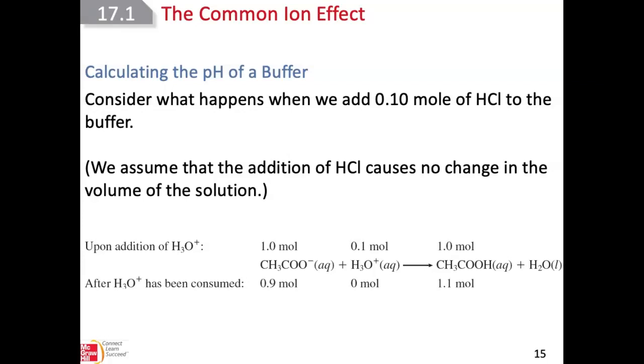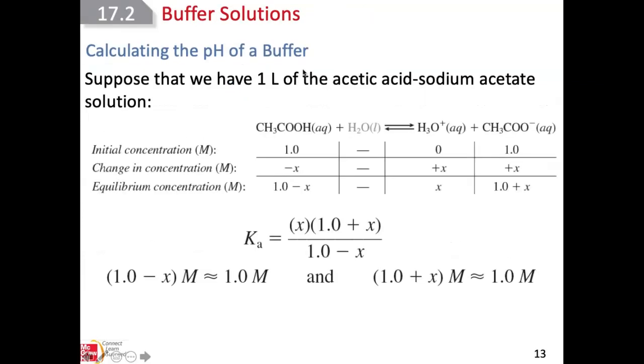So let's go here. Suppose that we have 1 liter of the acetic acid and sodium acetate solution. This is our acetic acid, and to this acetic acid we added the sodium acetate. Initially I have the acid present, let's say 1 molar acid.